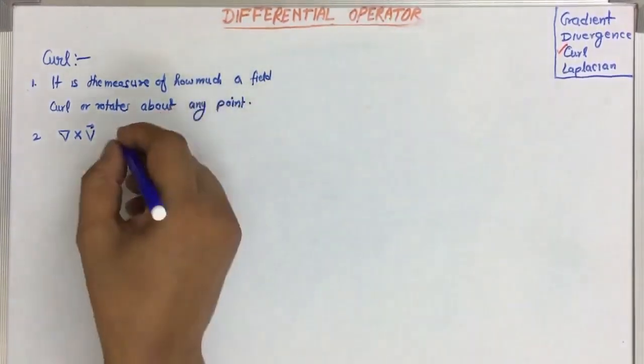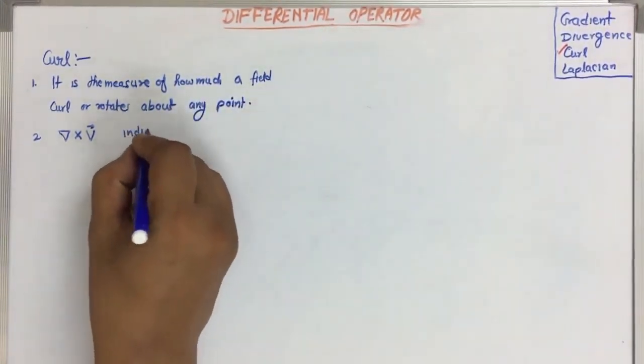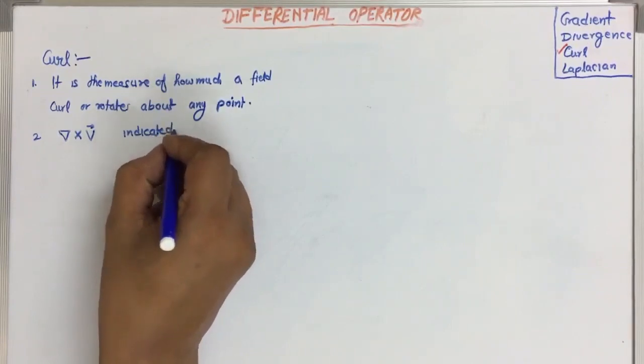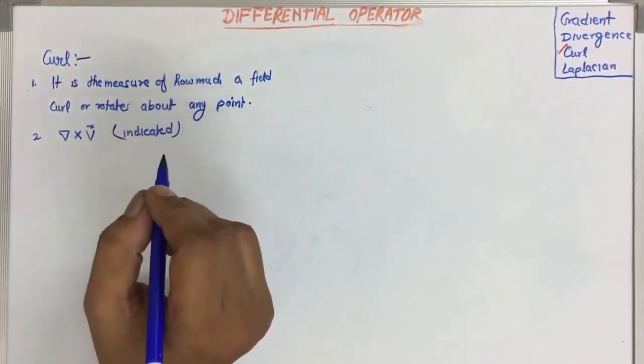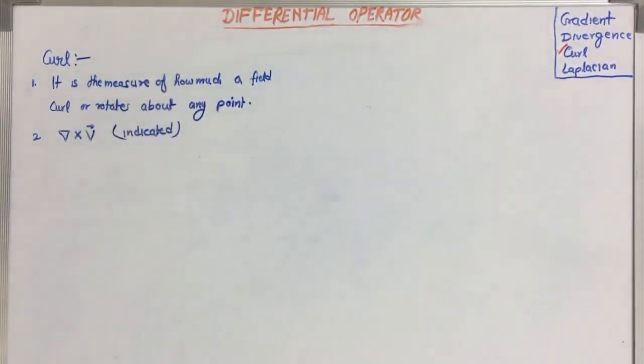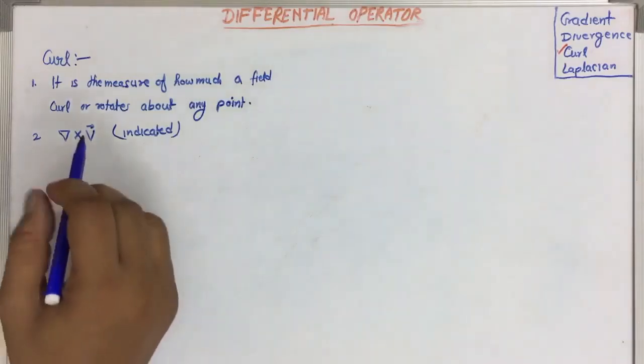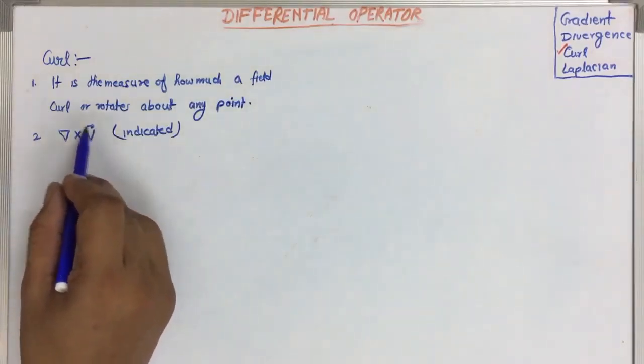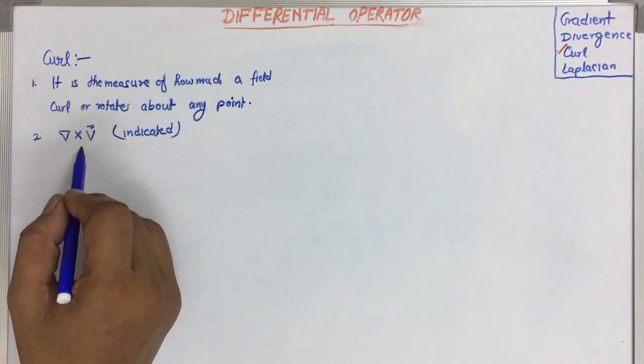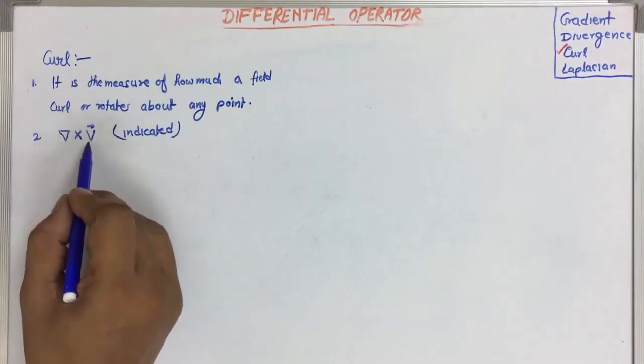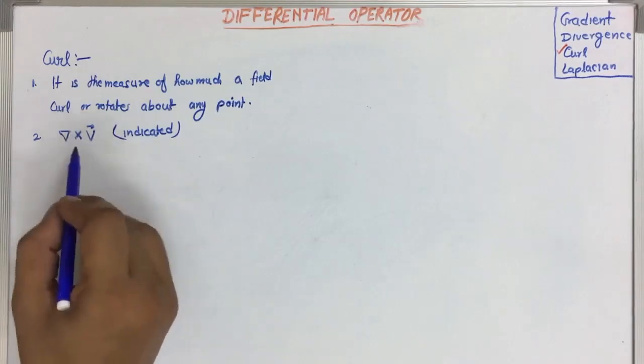So it is indicated by the cross product. The second thing that we can say is that this is applicable for a vector field and the output is again a vector quantity.